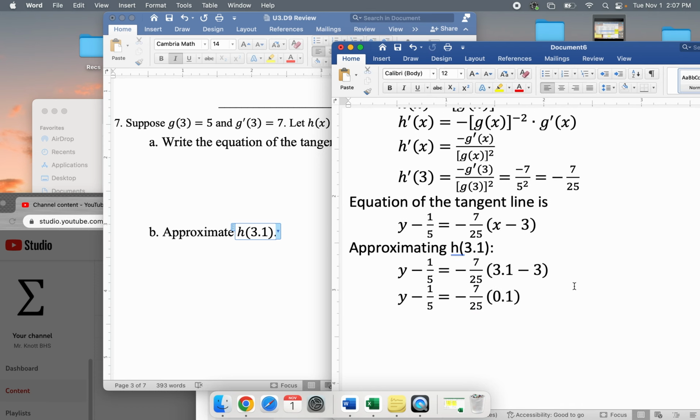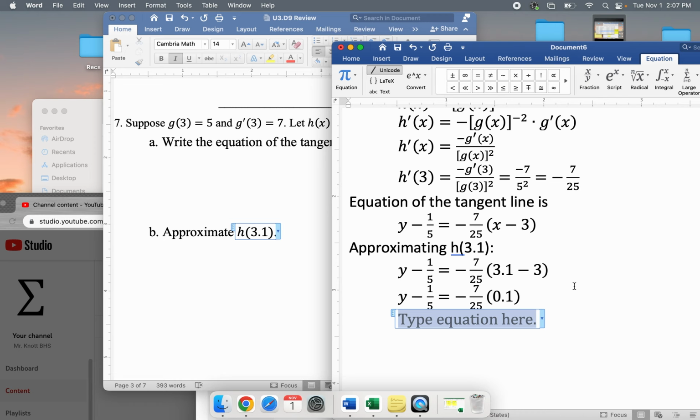Yeah, if you want to write this without decimals and no calculator, this 0.1 is really like a 1/10. So this is like this fraction times 1/10. That would give you negative 7 over 250.